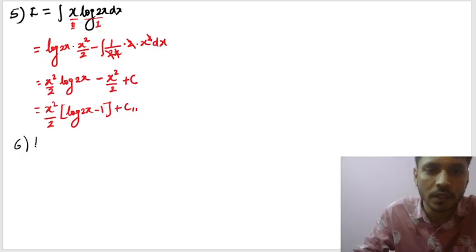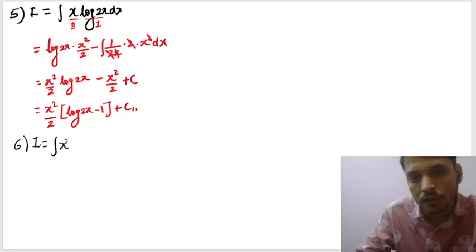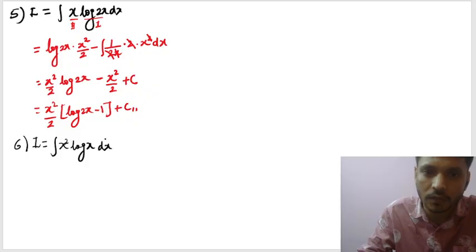So the question number 6, here we have given I is equal to integral x square into log x. X square into log x means same concept. Here we have two functions, log and algebraic function. So log is the first function and this is the second function.